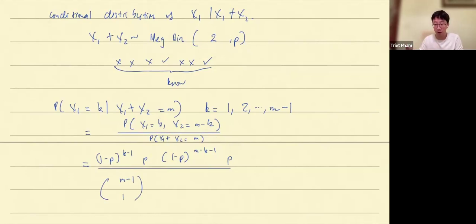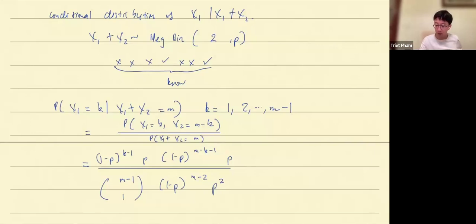The remaining ones can be failures. And how many failures do we have? We have m minus 2 failures, and p squared for the 2 successes. Okay, any question?